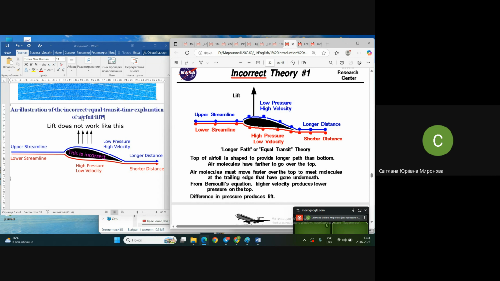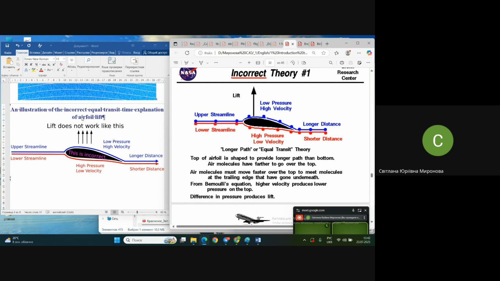It was Nikolai Yegorovich Zhukovsky, and Kutta. I need to check how it's pronounced in English, forgive me, maybe I pronounce it wrong. Kutta and Zhukovsky independently and almost at the same time found the mathematical solution of this problem.